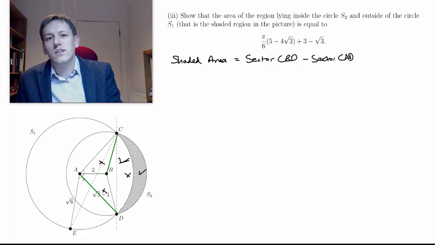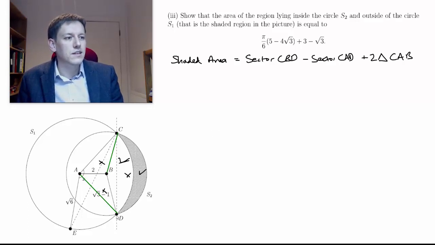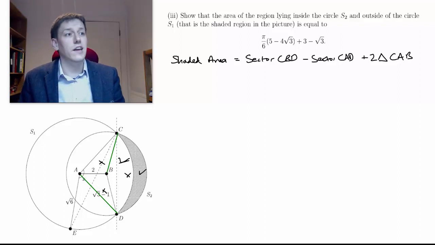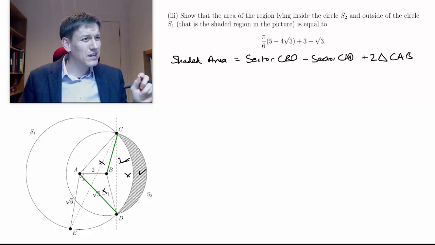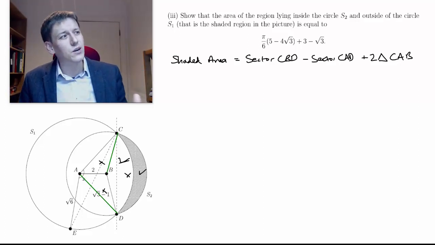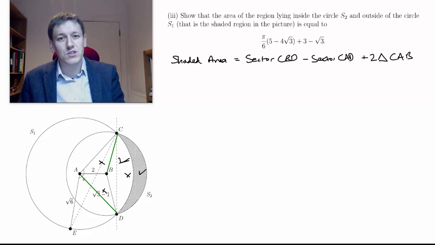So let's say I want to add in 2 times the triangle CAB, because CAB and BAD are congruent, so I can just do one of them twice. Okay, so actually that bit takes the most time. I haven't written that very much down yet, but I've got the whole strategy now, and I'm pretty confident that I can just follow this through by plugging in the numbers, and we should be able to work it into this formula.